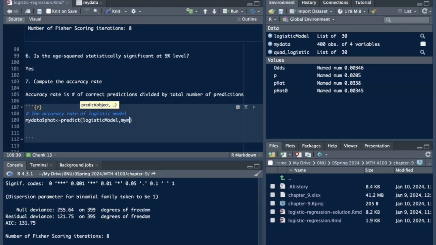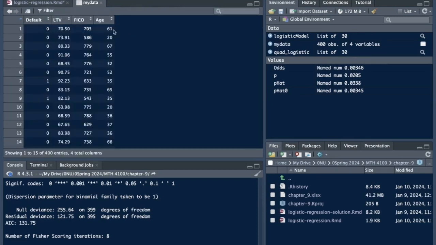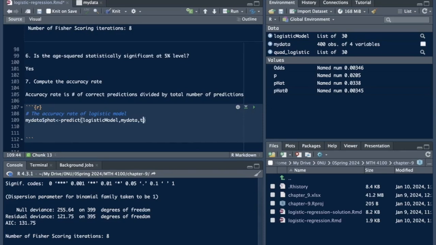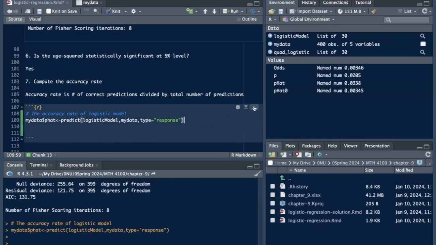All of my data. I'm going to plug in all of these observations, the whole data frame. Someone's going to ask, what about the default? R is not going to look at that, it's going to look at these, because you're specifying the type. The type is response. So when you do this, we get the estimated probability of all of these people defaulting.